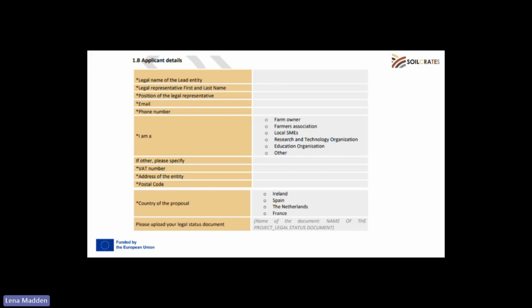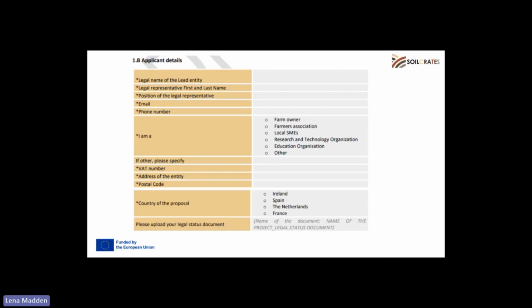If you apply from a farming cooperative representing three farmers, you just say your position in the cooperative, email, phone number, and then choose what type of applicant you are. And if other but eligible, specify.